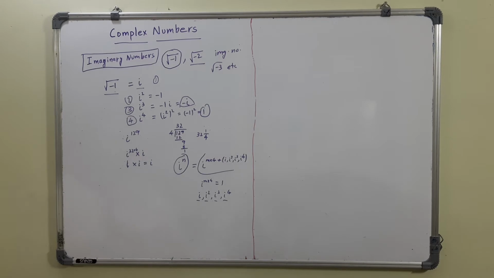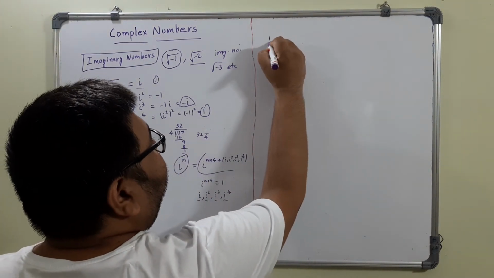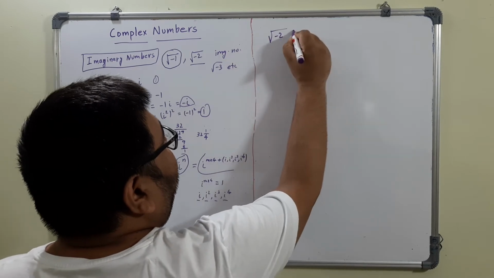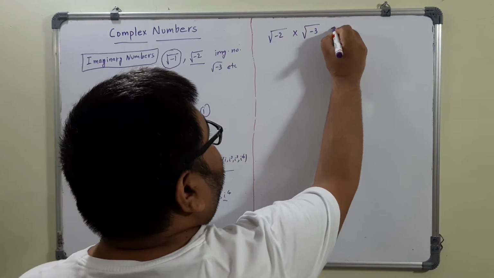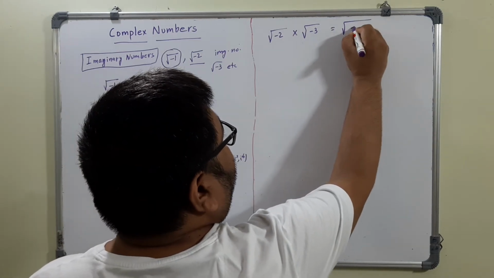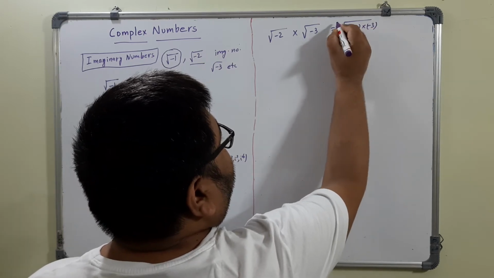One thing we have to note here: let's take the number -2 and multiply it with the square root of -3. This doesn't become the square root of (-2) times (-3). This is a fallacy.